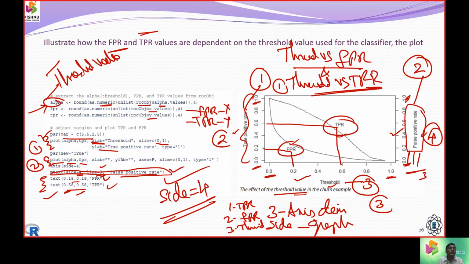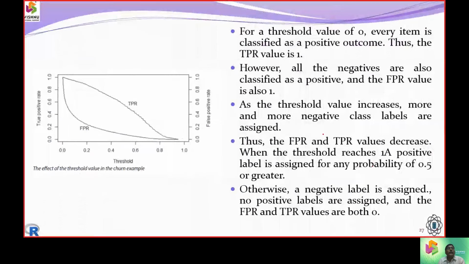This is how we bring up the content, and thereby we draw the false positive graph, which spreads from very high to low. Similarly, the true positive value also spreads from very high to low. In this way we have drawn the graph. When the threshold value is 0, the classified outcome is positive, so you can see the classified outcome was 1.